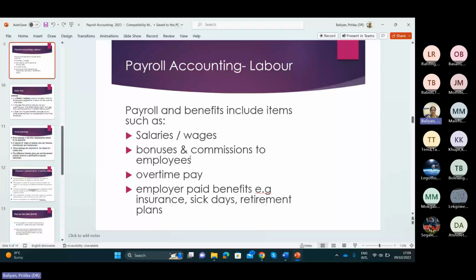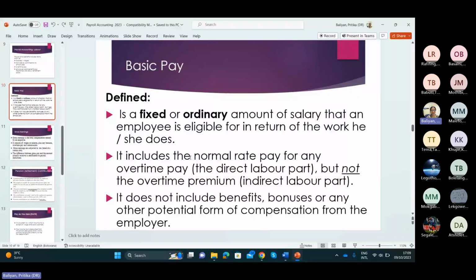Then from that, the basic pay means the original amount as a fixed salary or fixed wages, which is paid to an employee. In basic pay, we do not include any bonus payment or any other commission or interest.